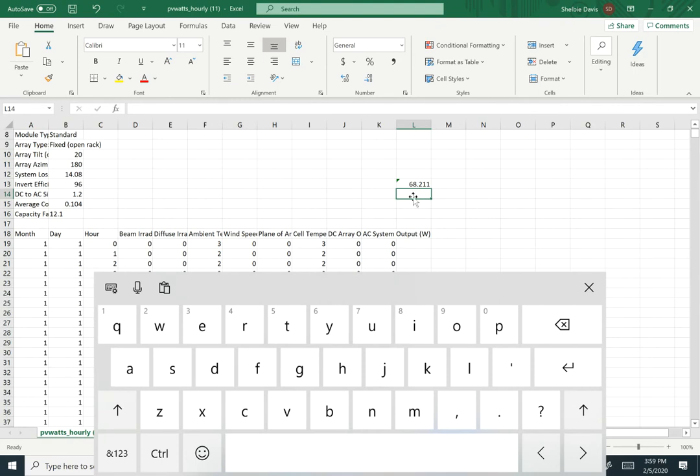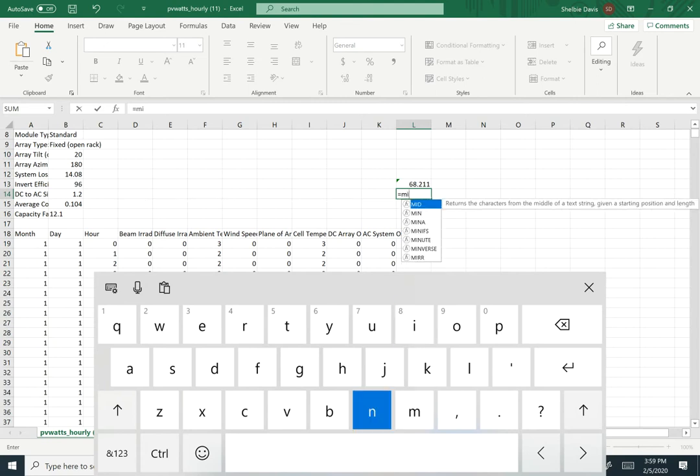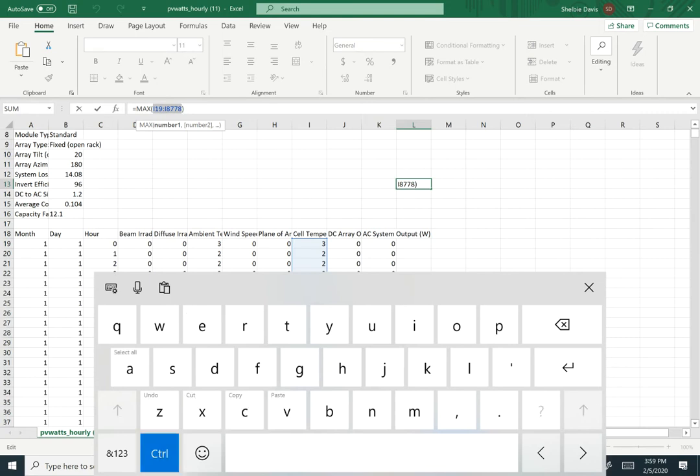Max and then min equals min, and then the same thing. How does it get over 68?